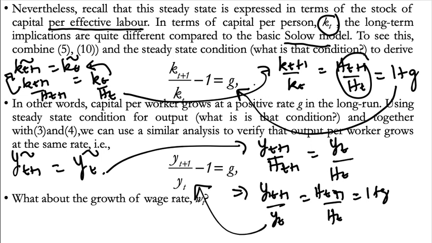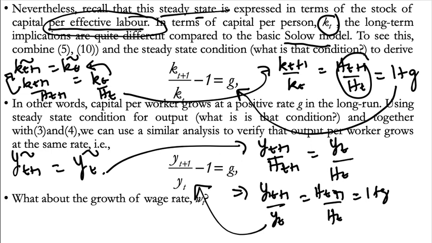Of course, when it comes to stock of capital per effective worker or labor, we can have a steady state. But because our interest here is more on capital per worker and output per worker, then we rearrange it. Then we found that, okay, over time, capital per worker grows at the rate of g.